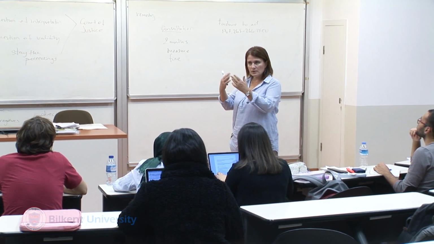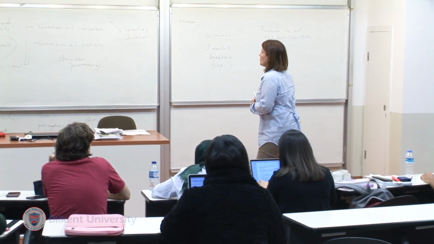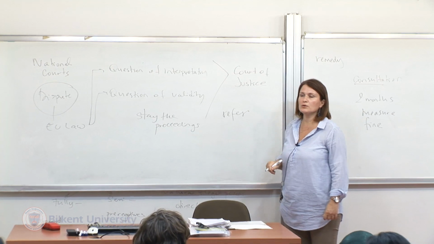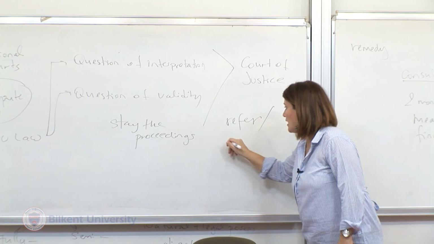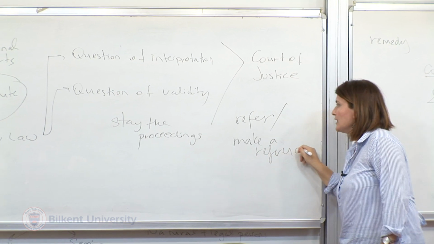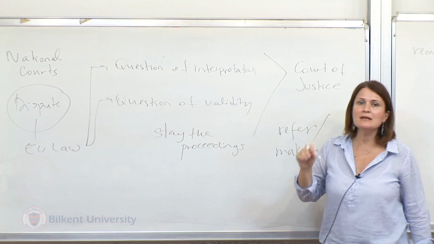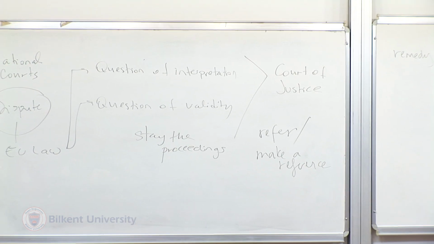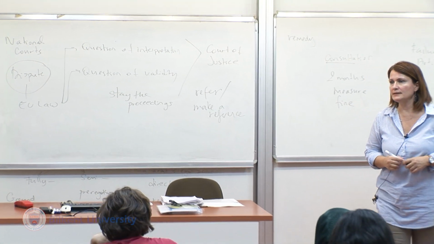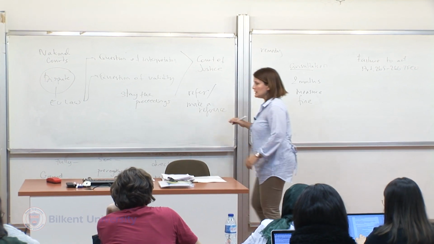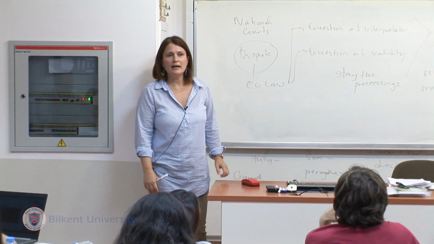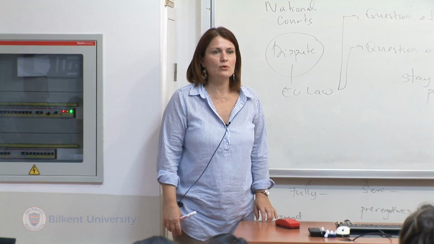And it will send these questions to the Court of Justice. Technically, we say it shall refer the questions, or it shall make a reference, or it shall make a preliminary reference to the Court of Justice, meaning it shall ask these questions to the Court of Justice. To stay proceedings in Turkish, it shall stay the proceedings, I said. Shall stay the proceedings and refer the case to the Court of Justice.